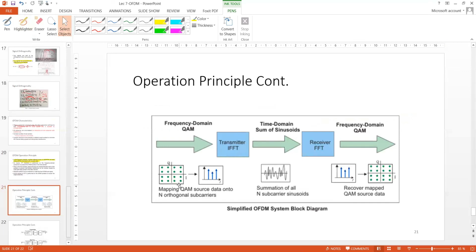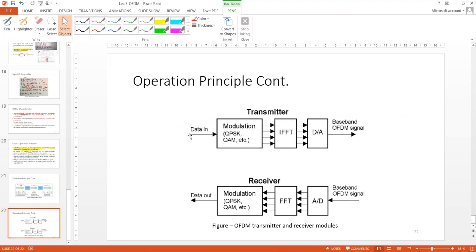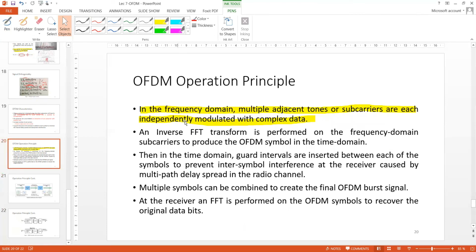First and foremost, a modulation scheme like QPSK or quadrature amplitude modulation, or any particular modulation scheme, is utilized to modulate your data onto multiple adjacent tones or subcarriers. So you have your data, and it is modulated using QPSK or quadrature amplitude modulation, whichever scheme you deem fit for your application.